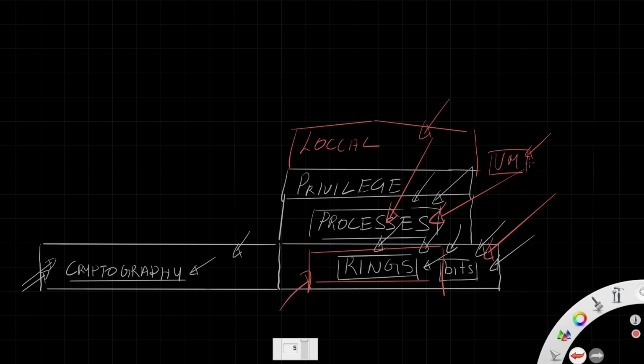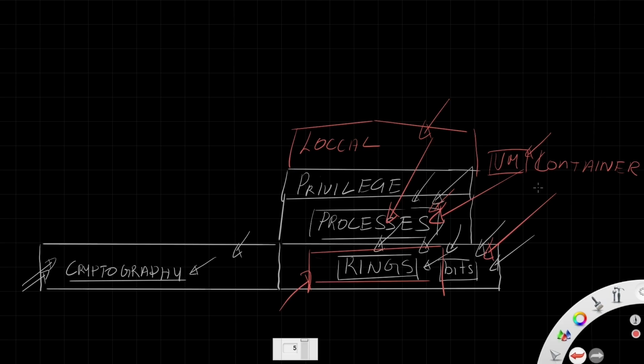An Azure VM is nothing but a process inside the hypervisor, very similar to what we are discussing here. It could be a Docker container, any kind of sandboxing technology. It's all about sandboxing technology, isolating one thing from another.